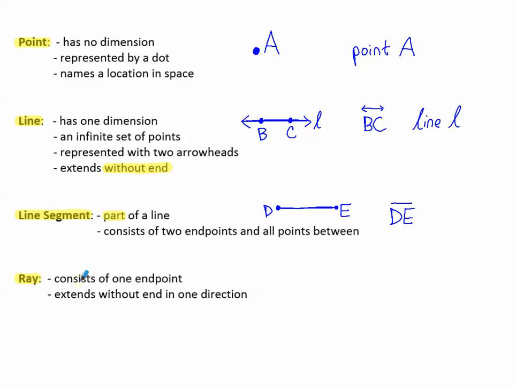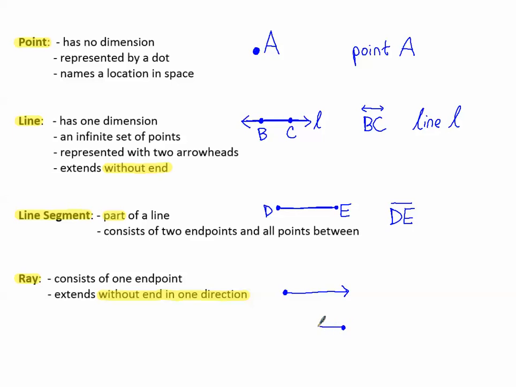A ray consists of one endpoint. It extends without end, but in one direction. So that's going to look like this: a point, with an arrowhead on one side. It doesn't matter which direction it goes.